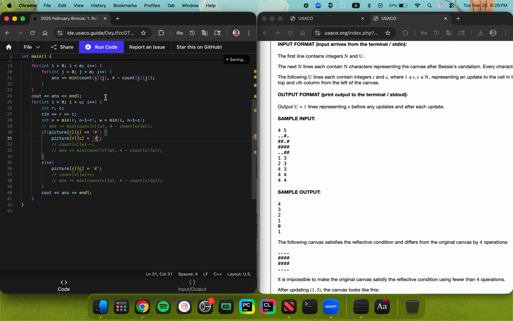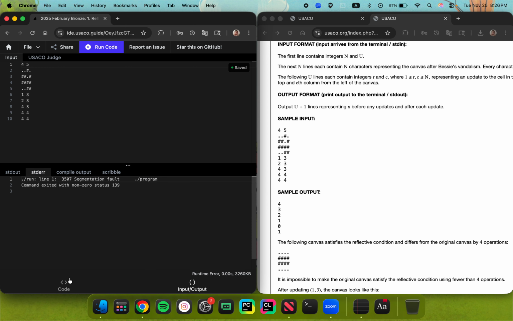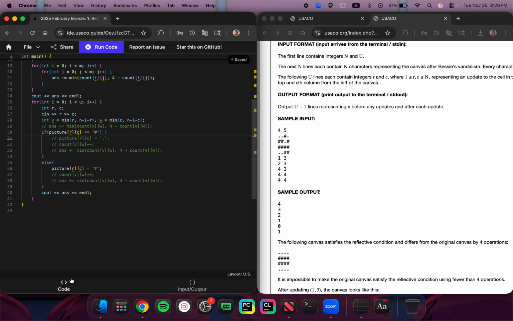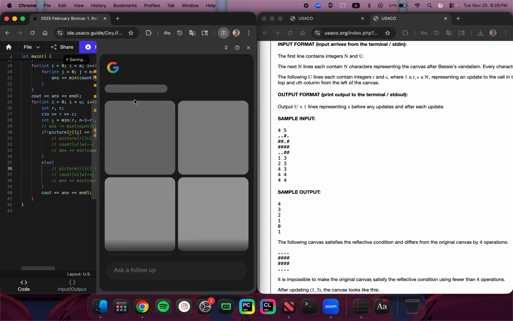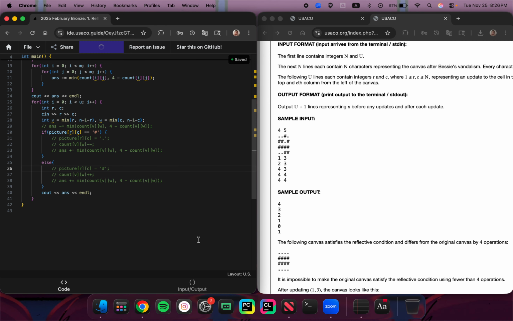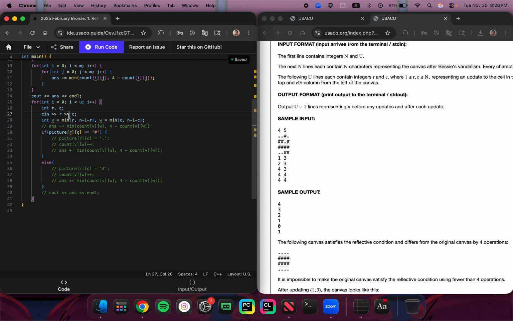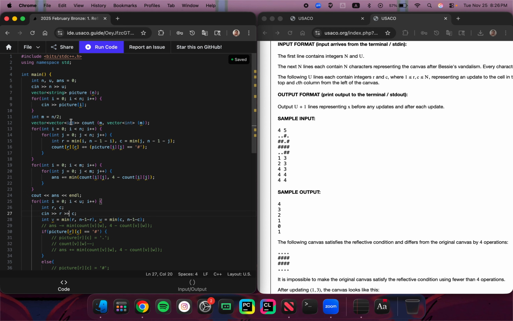But it also just becomes a hash. What? What's so weird about this one? Is it r and c? I didn't input them.